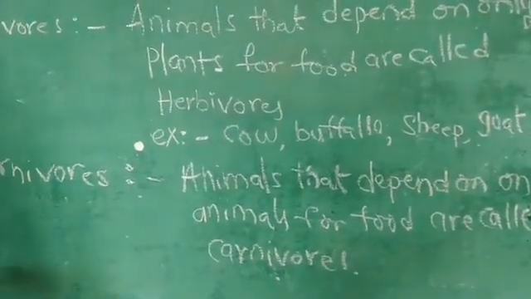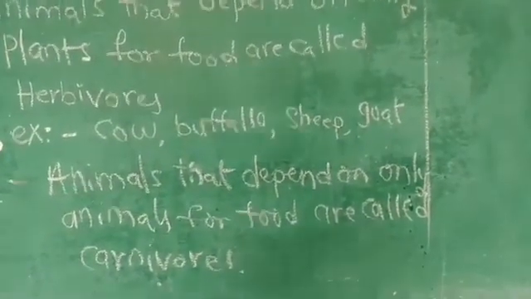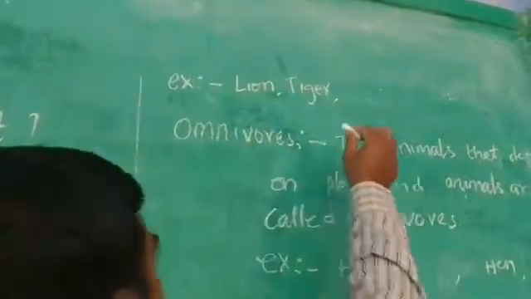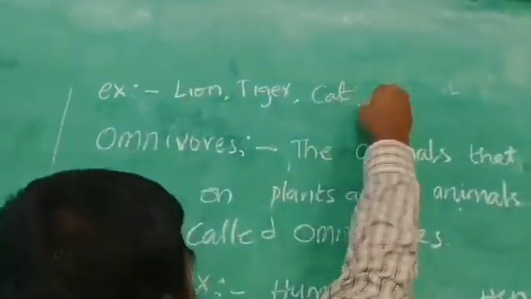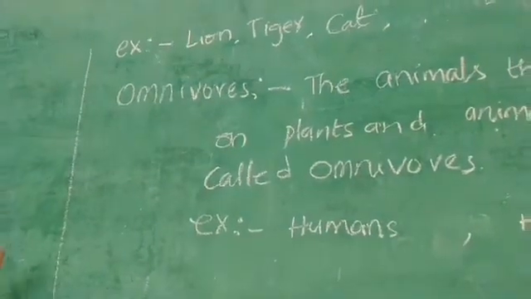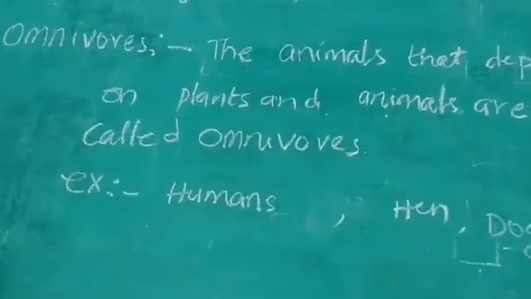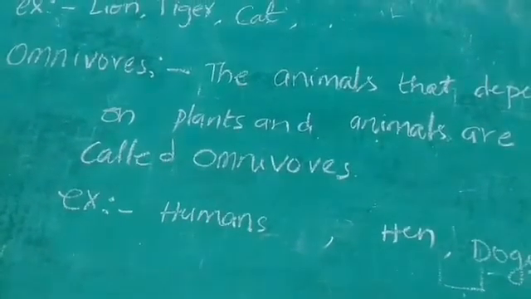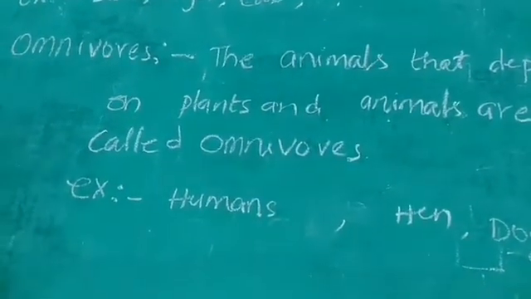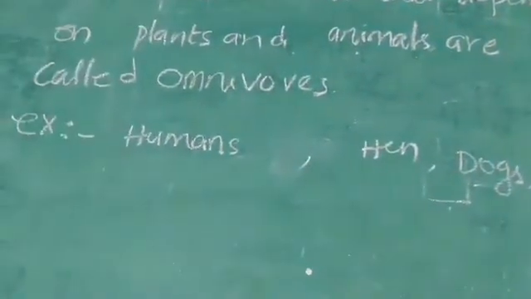Example: lion, tiger. You can also write cat here. Omnivores: the animals that depend on plants and animals are called omnivores. Humans, hens, dogs.